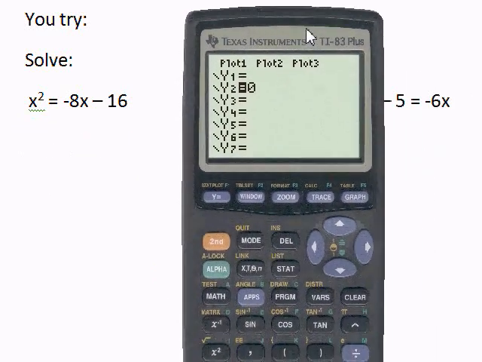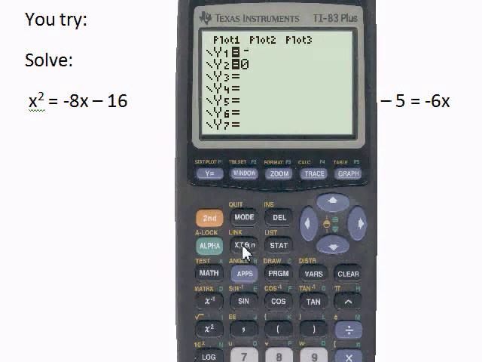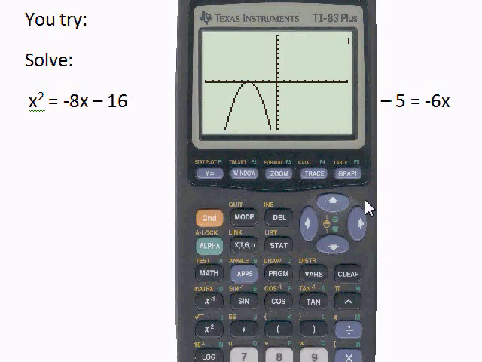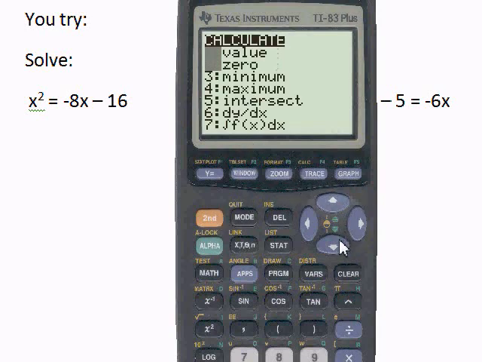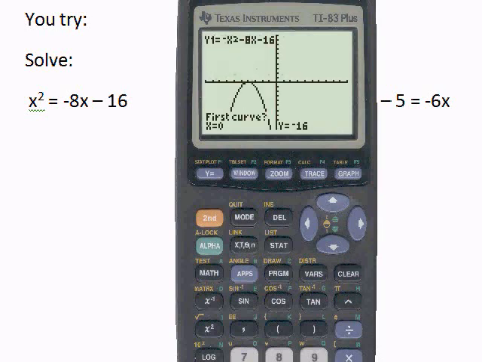And I do just like I did when I found the zeros. I type it in, negative x squared minus 8x minus 16, and I graph. Notice it crosses only once, it looks like, so I go second trace, intersection.